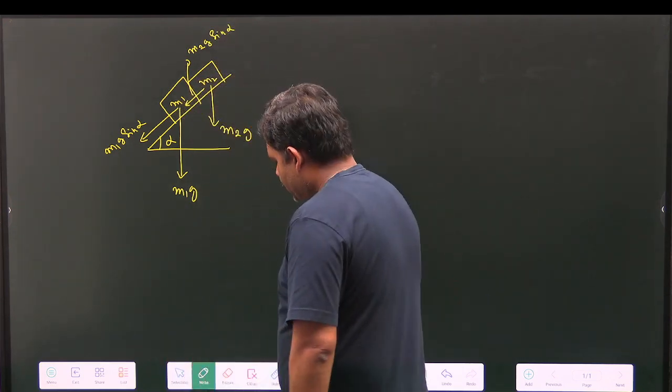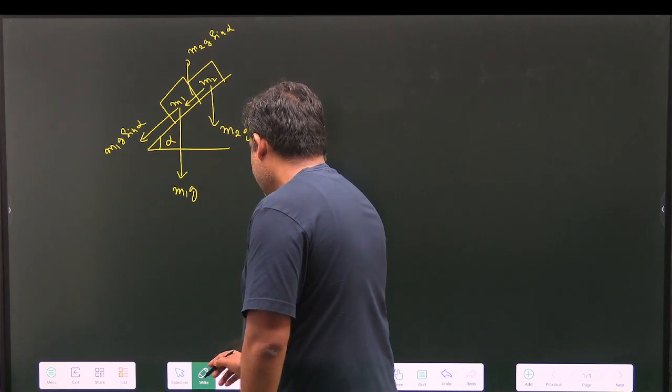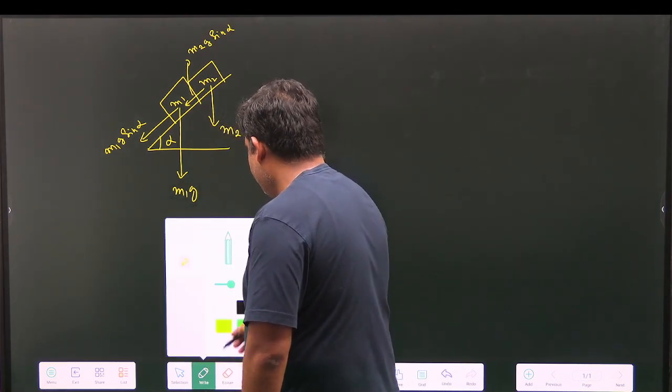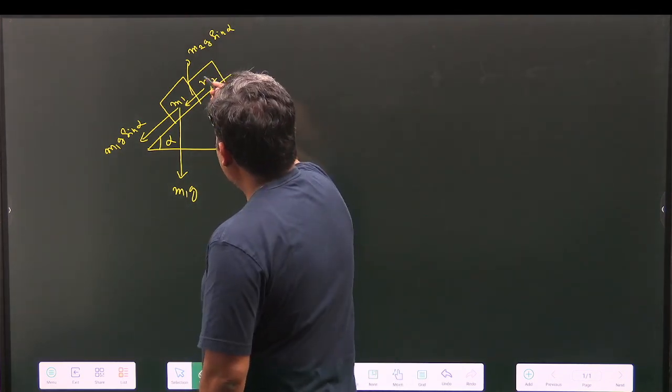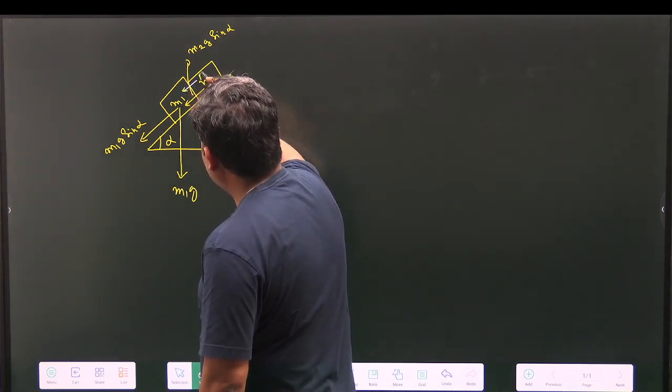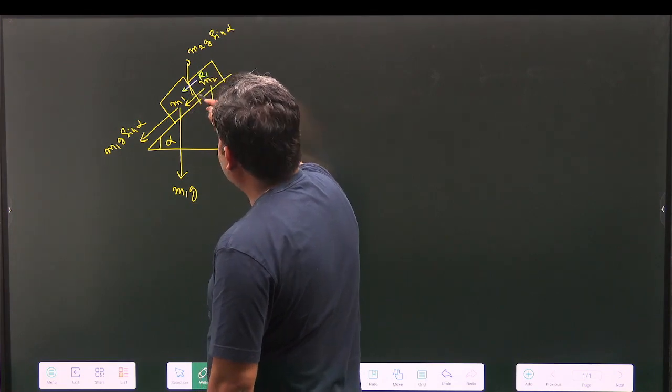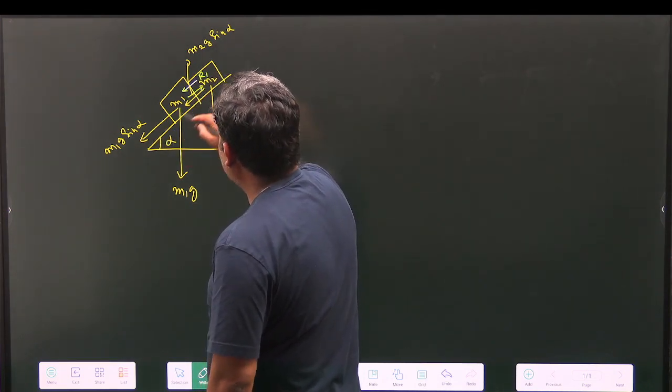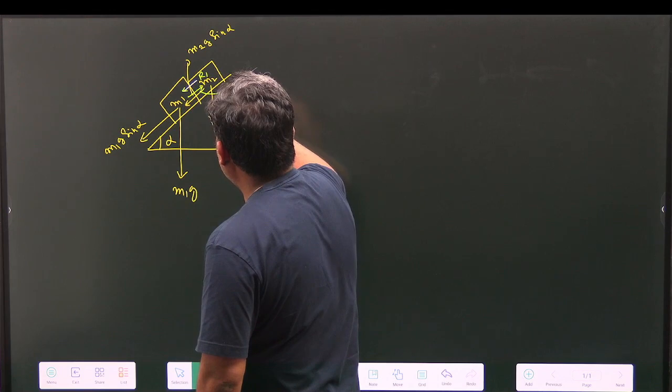And look here, if we see the reactionary force, what will happen? This block will push m1 to this side, so this will be my reactionary force R1. From Newton's third law, m1 will also push back on this side, so this will also be R1.